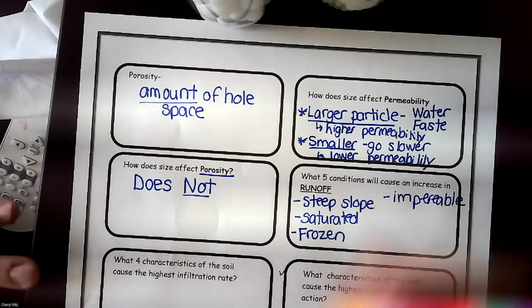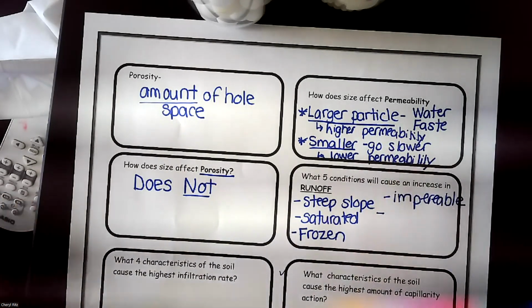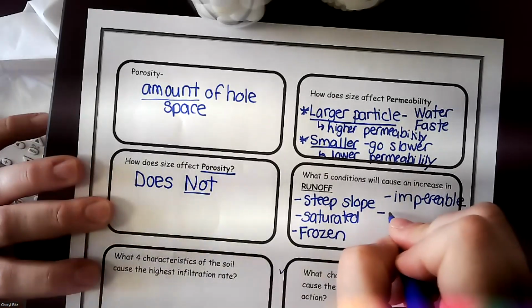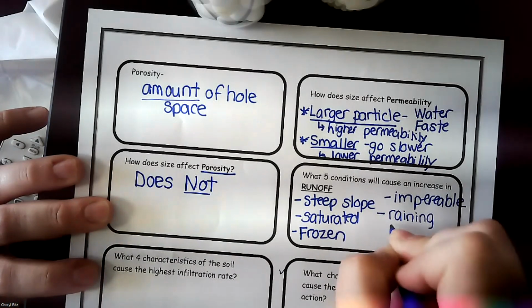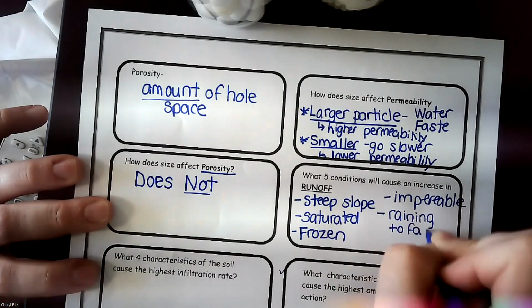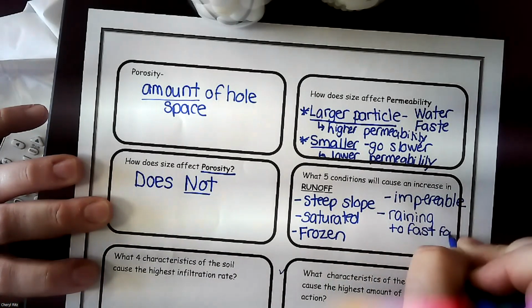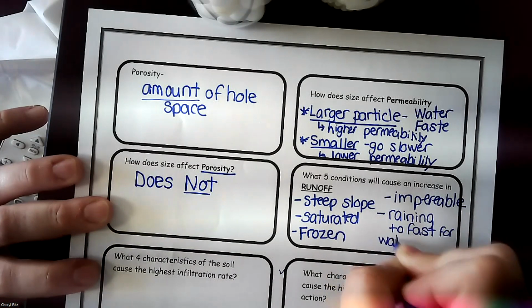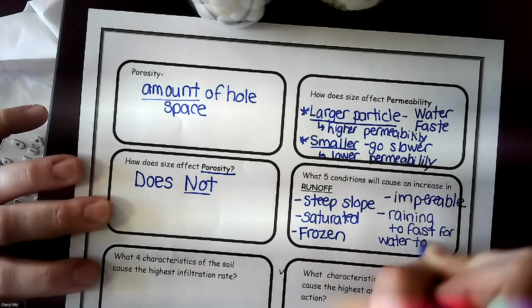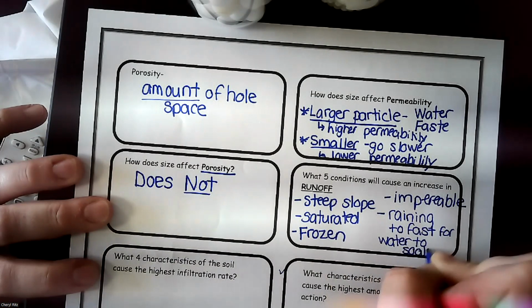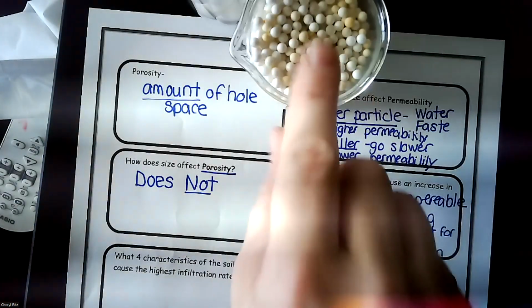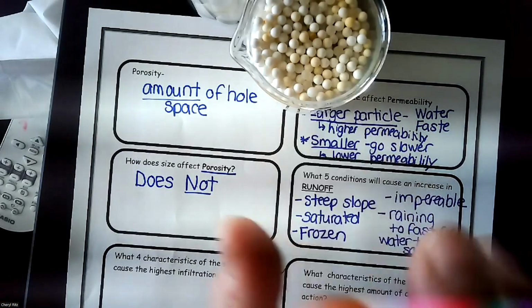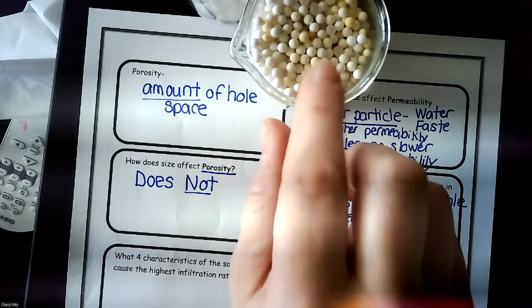And then the last one, it might be hard to put into words, but when it's raining really heavily, raining too fast for the water to soak in. For example, again, if it was raining on this small bead one, it takes the water a long time to soak in.